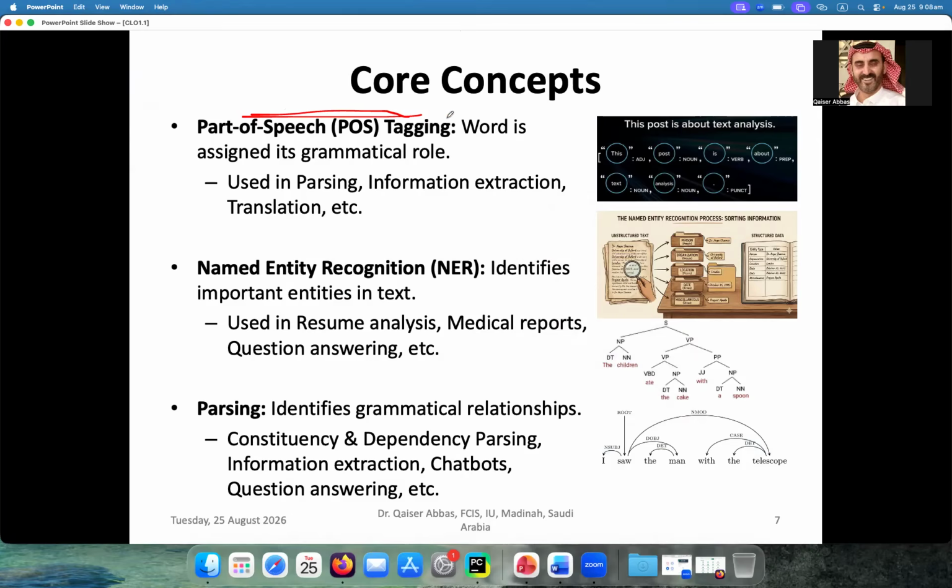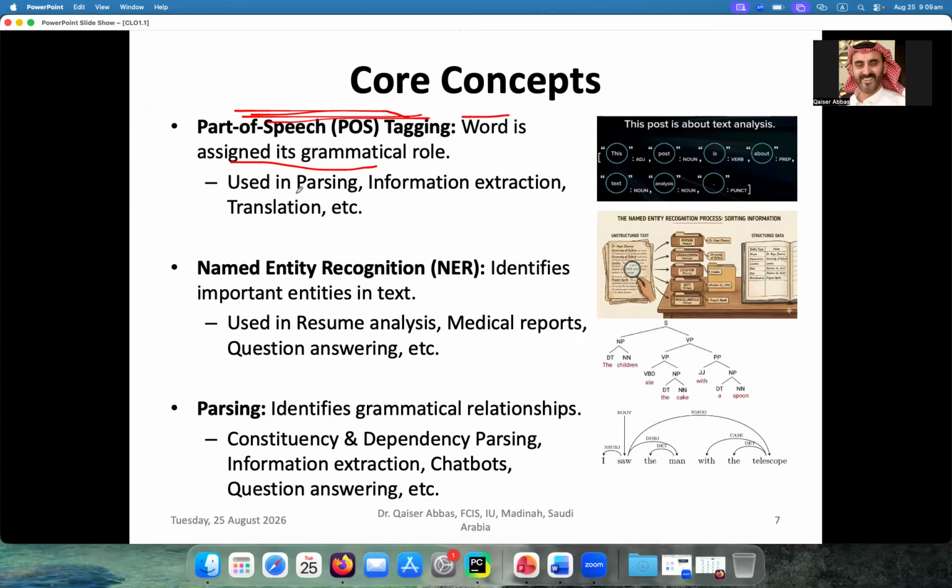And what can part of speech tagging do? It can assign a grammatical role to the word. When you are saying this word is a noun, you are assigning a grammatical role to that word. When you are saying this word is an adjective, you are assigning a grammatical role to that word, and you are also getting semantics. Where are we using this?